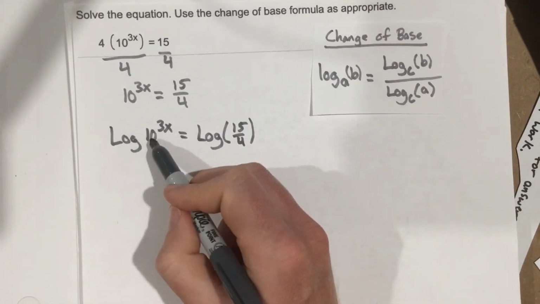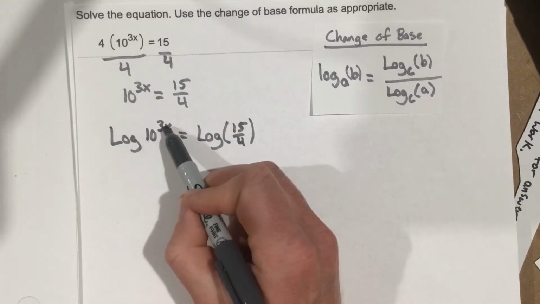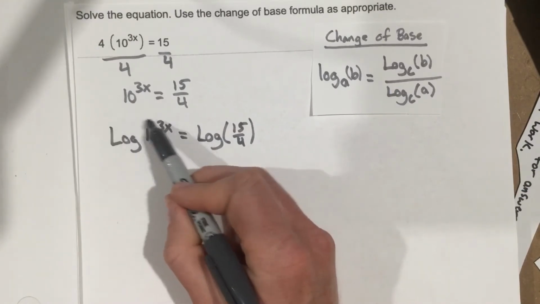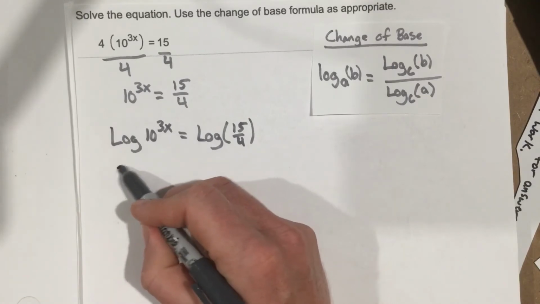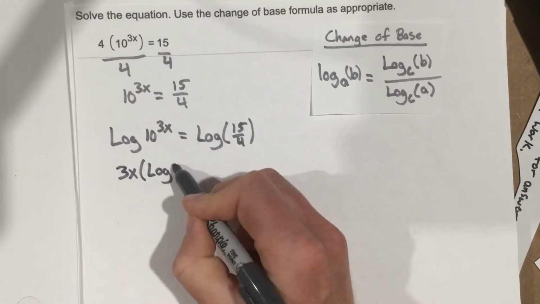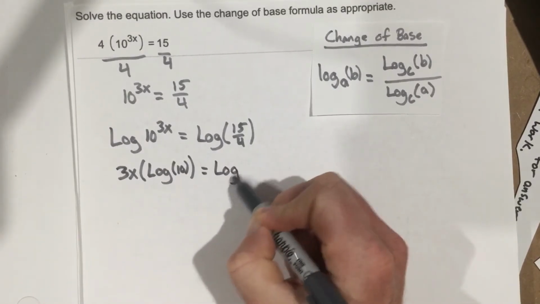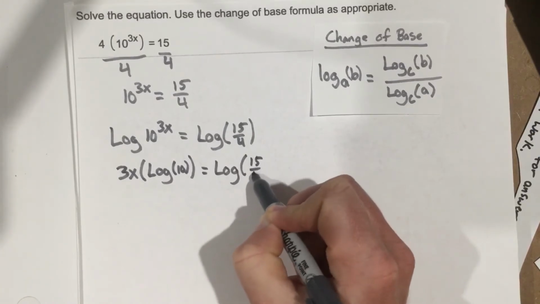Now log base 10, first of all, I know that when I take the logarithm of an exponential, I can bring the exponent to the front, so I can write that as 3x log 10 equals log 15 over 4.